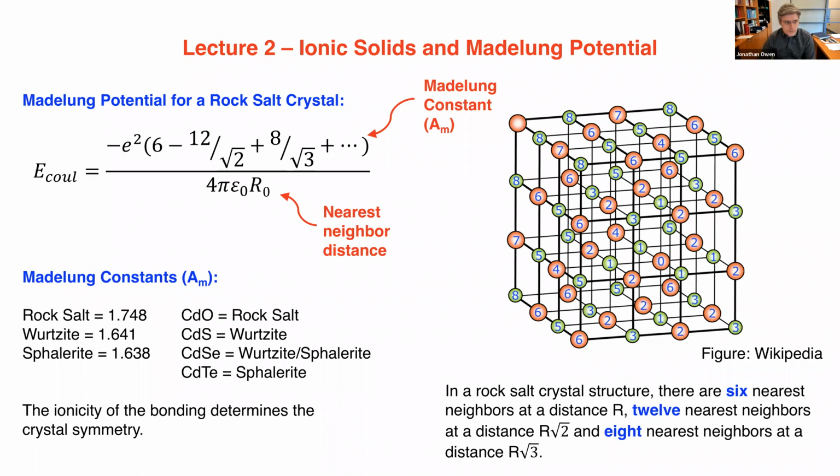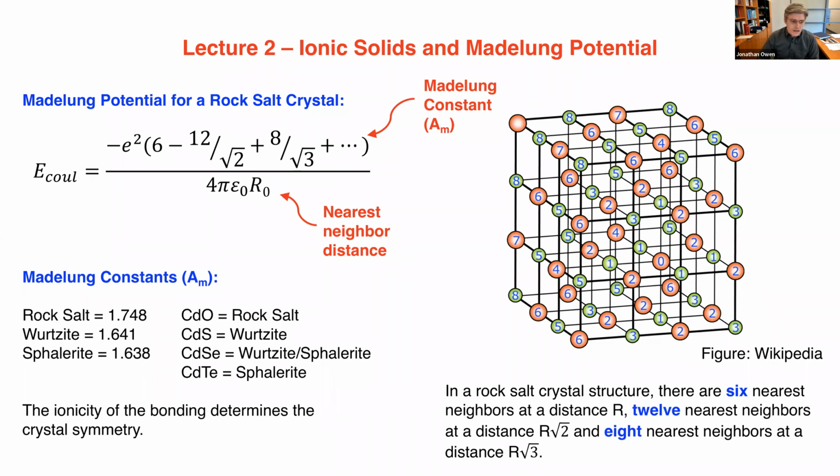We also considered polarization effects in the subsequent presentation. The constant here, the number of nearest neighbors and their distance away, is a simple geometric factor, and it is dependent upon the crystal structure. So if you have different crystal structures like rock salt, wurtzite, and sphalerite, you get different geometric constants, okay?